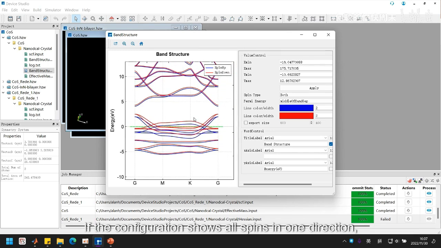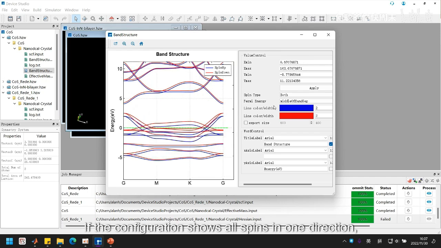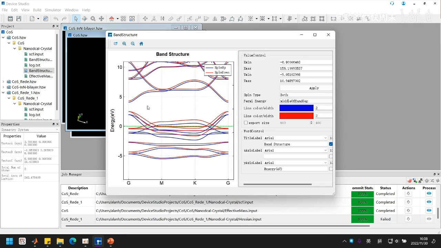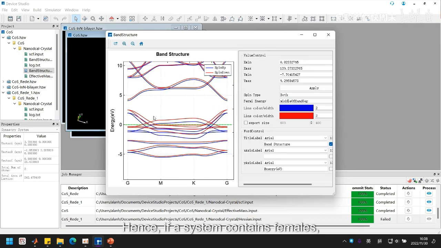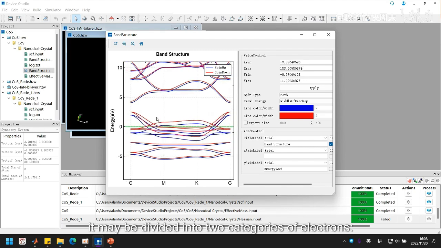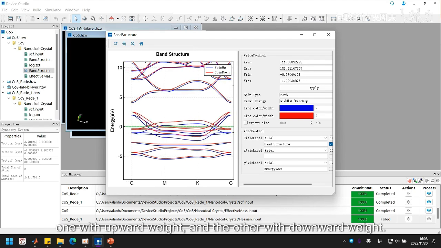If the configuration shows all spins in one direction, it suggests a certain level of magnetism. If they all coincide, and no point is divided, it means that the system does not contain magnetism. Hence, if a system contains magnetism, it may be divided into two categories of electrons, one with upward spin and the other with downward spin.